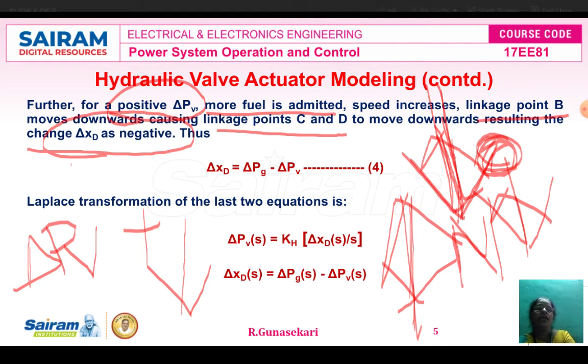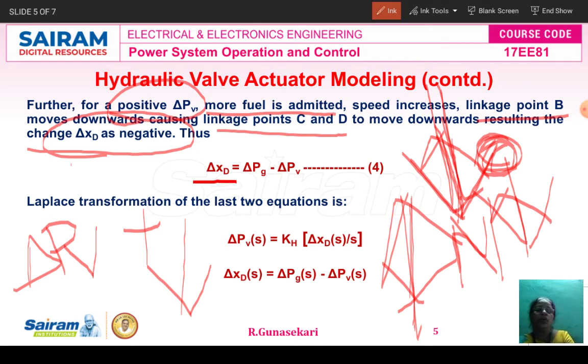So del XD equals del PG minus del PV. If del XD is positive, del PG is also positive, so that concept is okay. Then if del XD is positive, del PV is negative, so that also is okay. Therefore equation 4 is obtained: del XD equals del PG minus del PV.